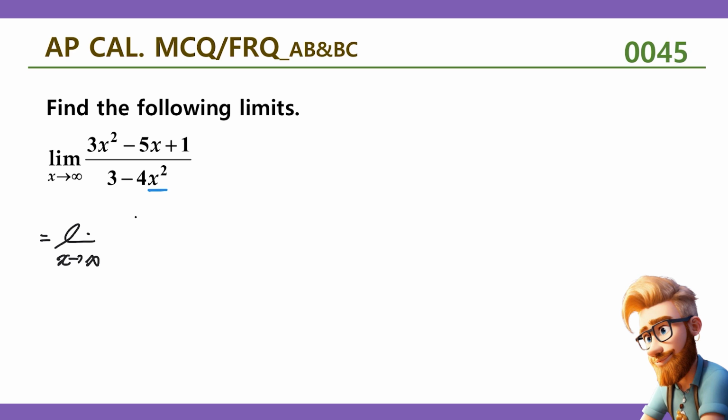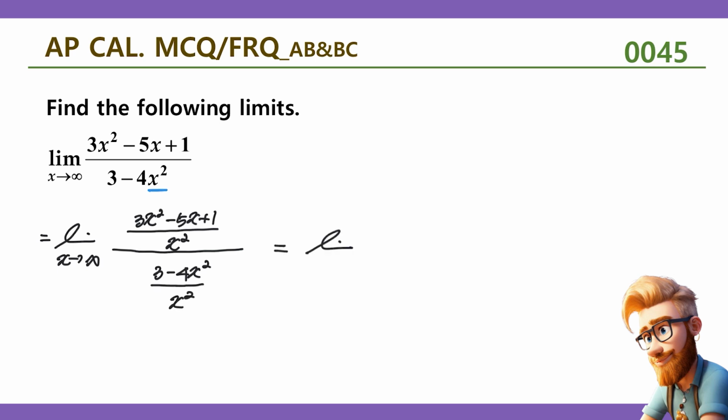In the numerator we have (3x^2 - 5x + 1) over x^2, and in the denominator we have 3 - 4x^2, divided by x^2. So as x approaches infinity, 3x^2 over x^2 is 3.